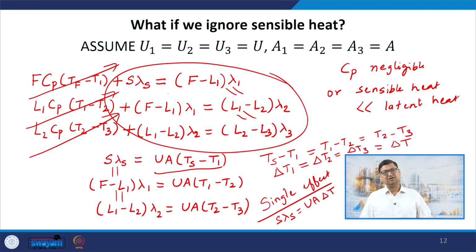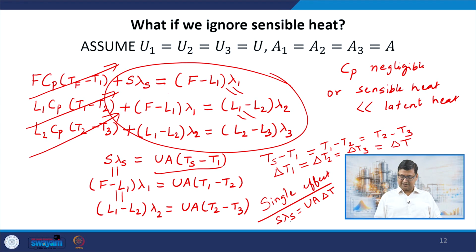But then for the same steam, I am now able to get a temperature drop which is basically 3 times in the triple effect case, because I got delta T drop in the first one, same drop in second one, same drop in third one.